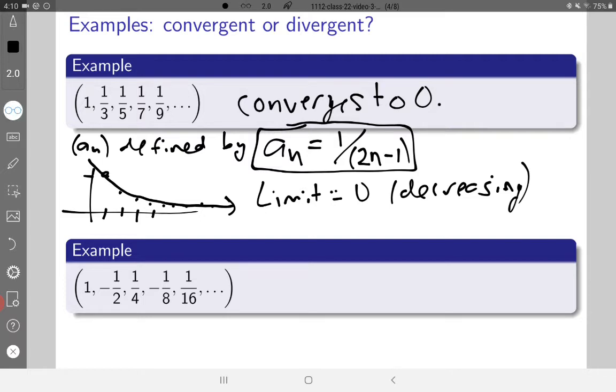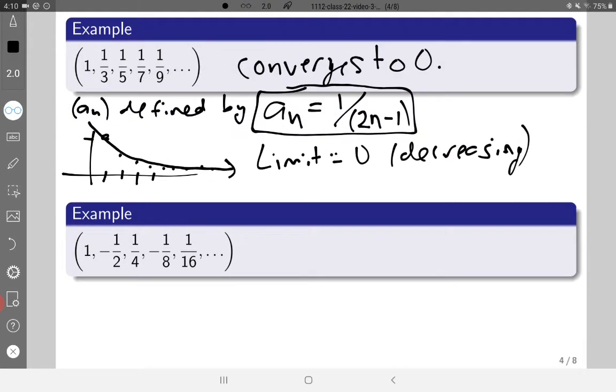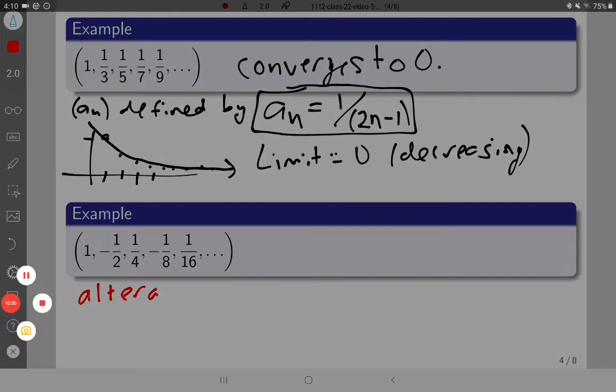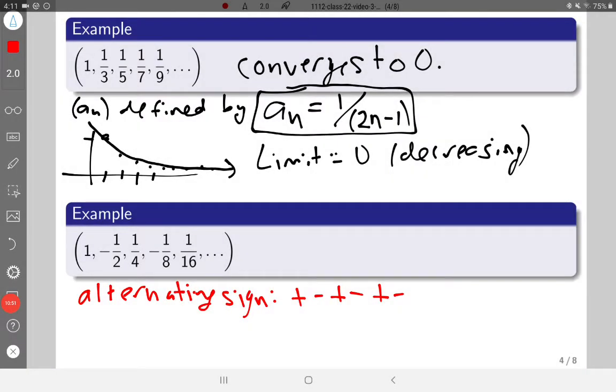What about the second example down at the bottom there? I see a couple things happening. First of all, I notice that it's alternating in sign. I see that it goes plus minus, plus minus. And remember from one of the examples in the previous video, a way to generate that is to have a -1 to an exponent.